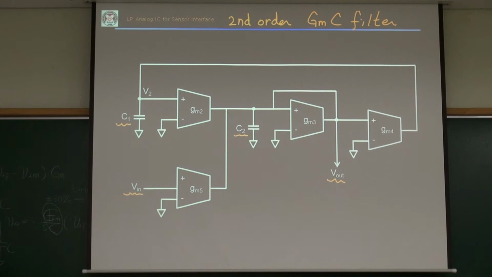Later, we can implement this transconductor by inverters, okay? Just a CMOS digital inverter. We can implement this transconductor by a differential pair or by an inverter.